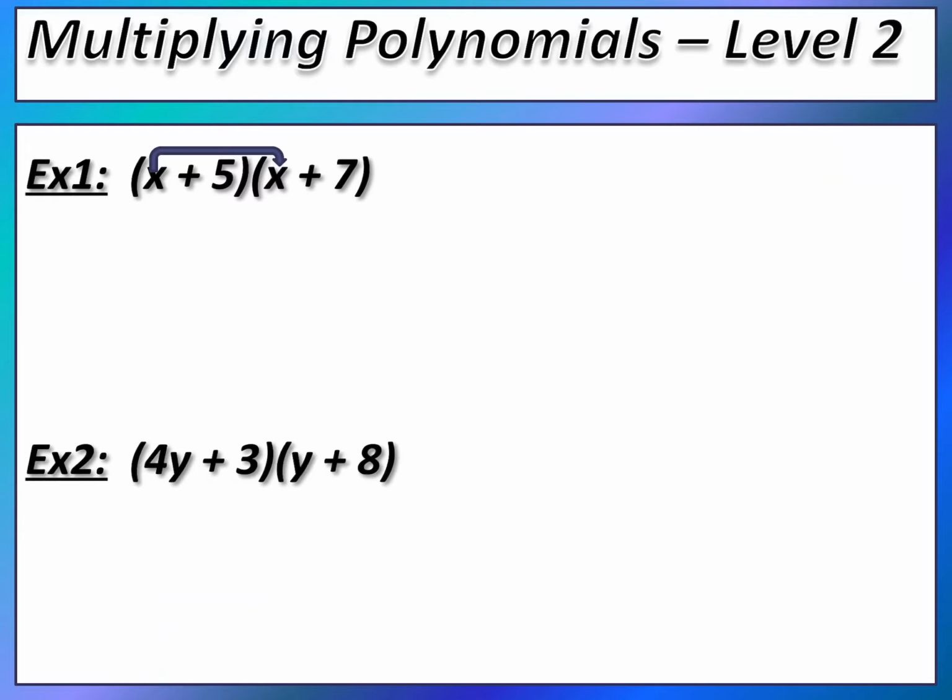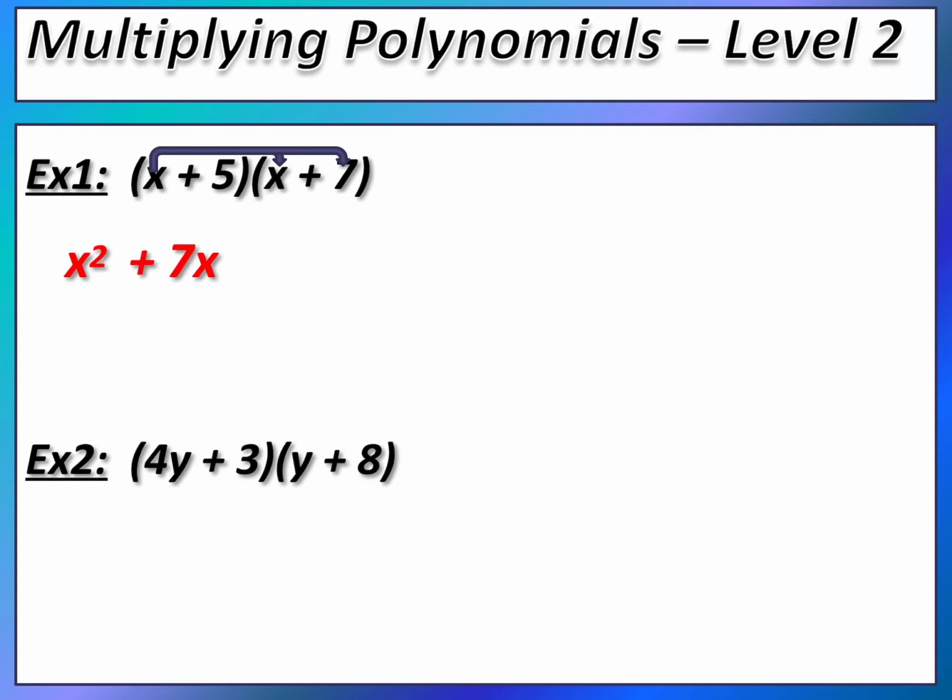represents multiplying the first term in each parenthesis. So x times x, remember you're adding the exponents. It's x squared and not 2x. Outer is when you multiply the two outside terms of the entire problem. So that would be x times 7.